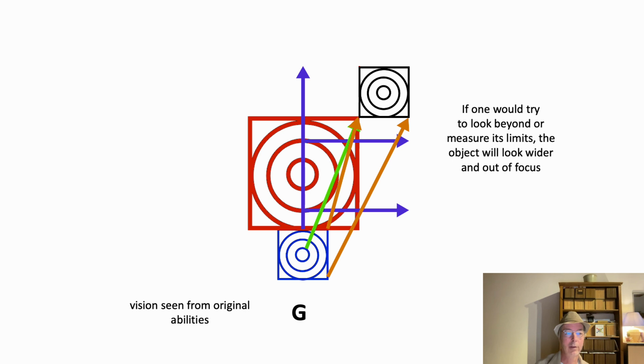If we would really try to look at it directly, okay, we can still measure the object more or less, but whatever you do, it fits with the G. The object will be out of focus, and it will even look larger than it is.